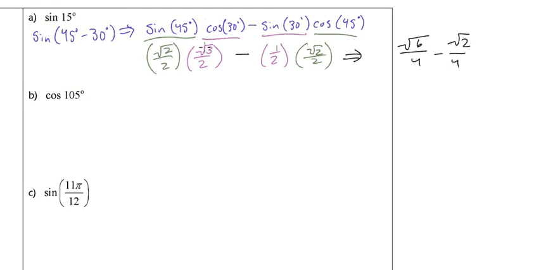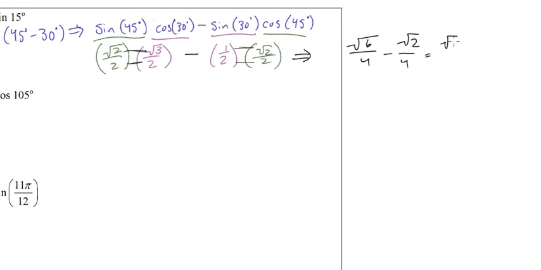So square root of 3 times square root of 2 gives the square root of 6, and 2 times 2 is 4. Minus 1 times square root of 2 is square root of 2, and 2 times 2 is 4. Subtract these, and we have the square root of 6 minus the square root of 2, all over 4. And there's our final answer.